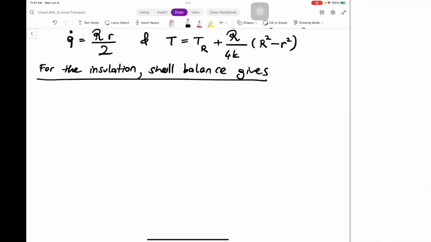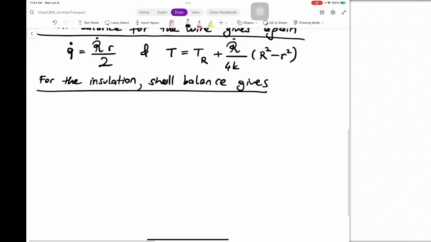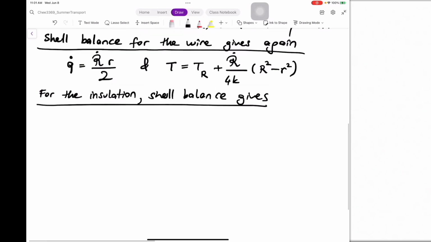What do you think the Q dot is going to be? Remember, from the shell balance of the wire, we found that Q dot was equal to the generation rate times R over 2 plus C, right? Now, what is the difference between the insulation and the wire in terms of the heat generation?